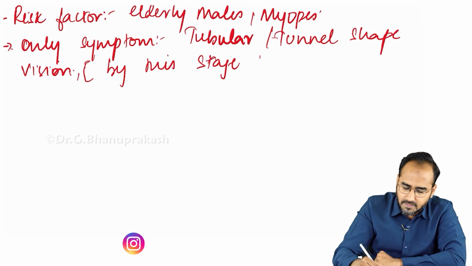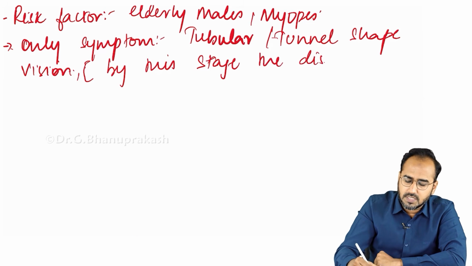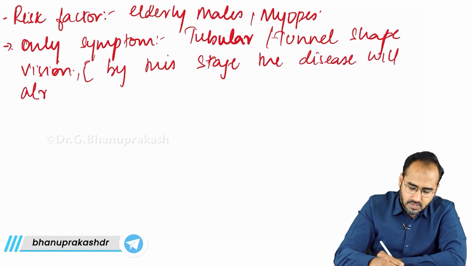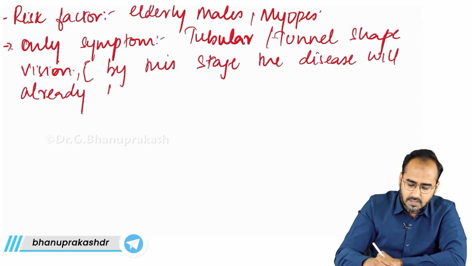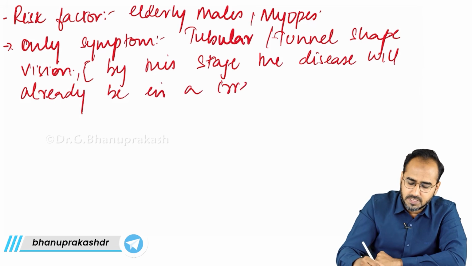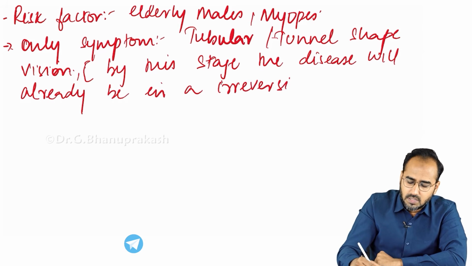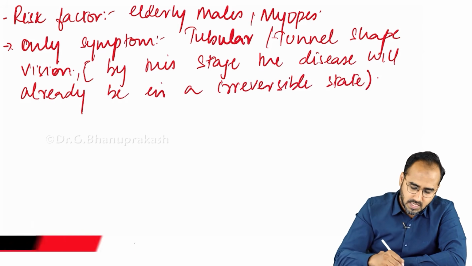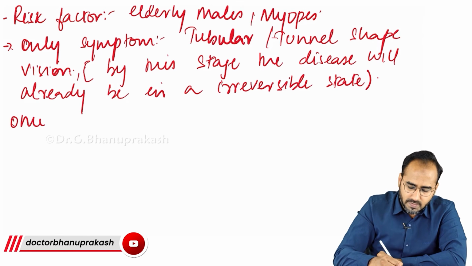By this stage, the disease will already be in an irreversible state. Irreversible. Other symptom of open angle glaucoma is what?